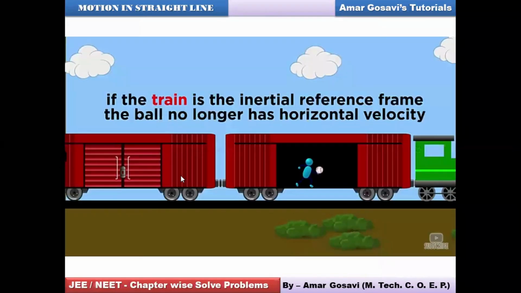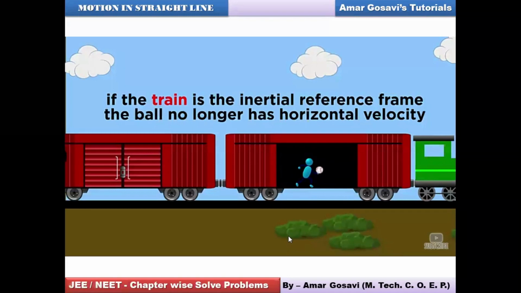You can see if the train is in inertial frame of reference, the ball no longer has horizontal velocity, because the person is holding the ball and he is in the wagon. Because the train is in inertial frame of reference, the ball won't have any horizontal velocity. Just because the train is moving, the ball won't move on its own.